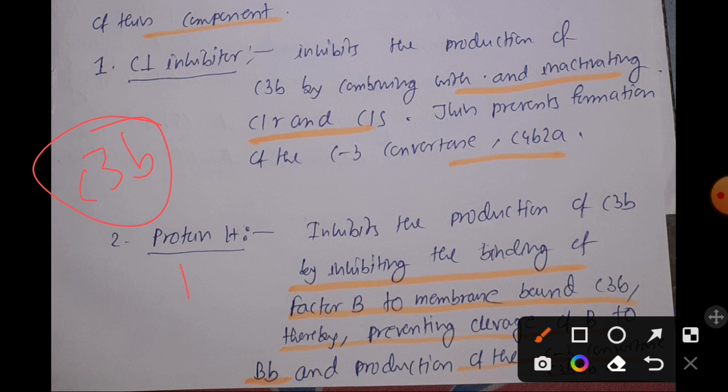So the role of factor H is to prevent the binding of B to this C3b. We discussed that if B cannot bind with the membrane bound C3b, it cannot be cleaved by factor D, and as a result formation of small b cannot occur. As a result C3 convertase cannot be formed, which inhibits the formation of C3b.